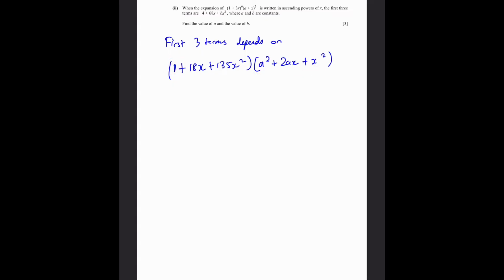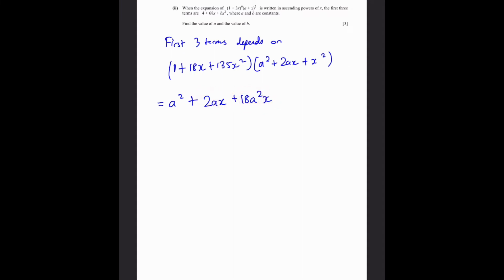So first let's multiply the terms which give a constant term, or degree 0: a^2. Now let's multiply those which give us a degree of 1. 1 times 2ax is 2ax, and 18x times a^2 is 18a^2 x. Of course, I'm writing the coefficient first before writing x.